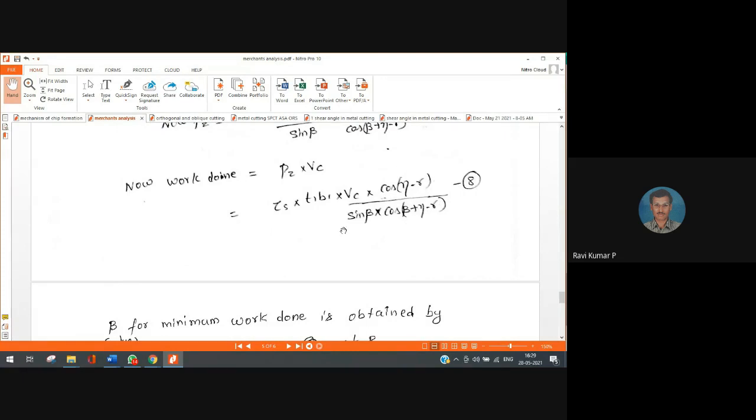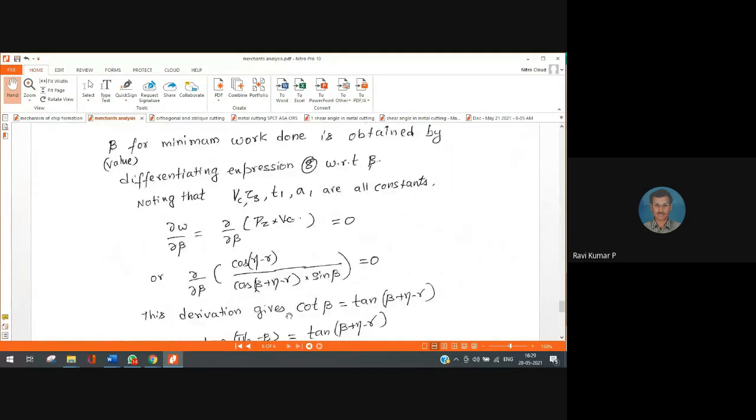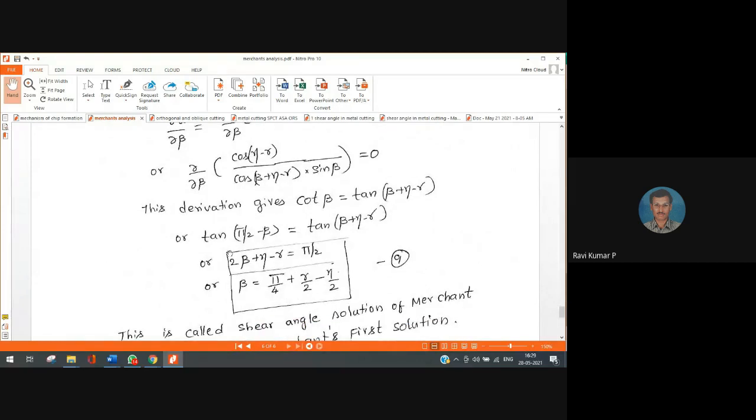If I perform that differentiation, I get the condition tan(pi by 2 minus beta) is equal to tan(beta plus eta minus gamma). So 2 beta plus eta minus gamma is equal to pi by 2 is the final expression which I shall obtain.